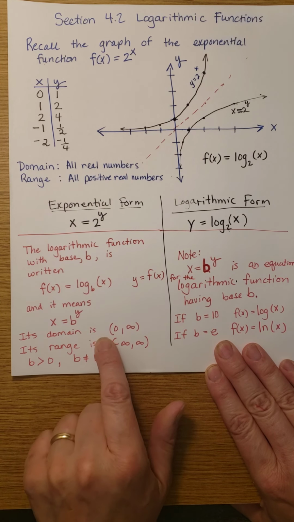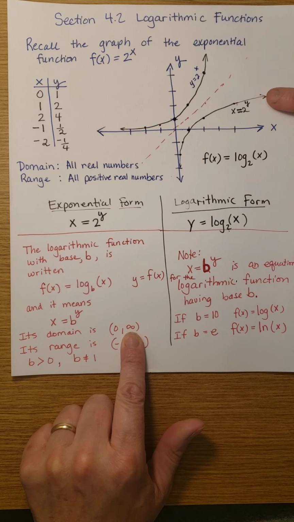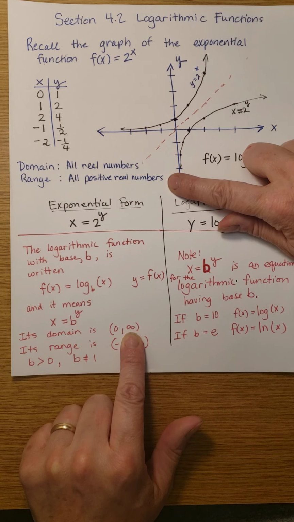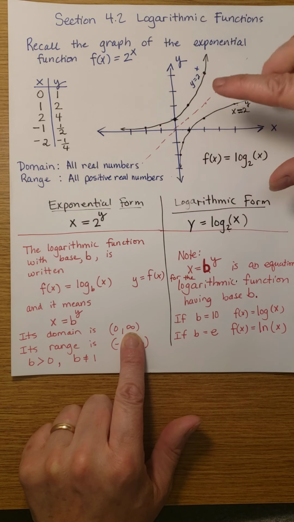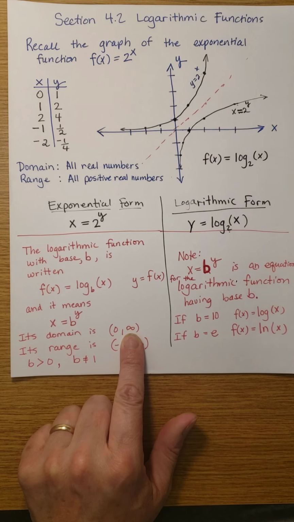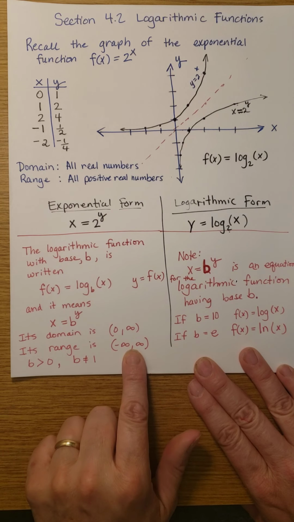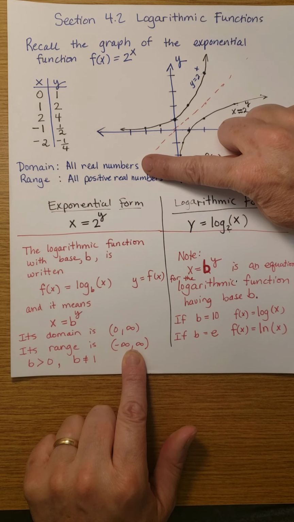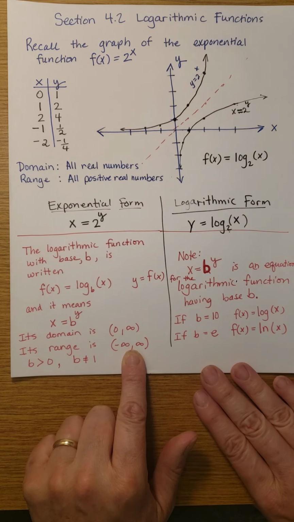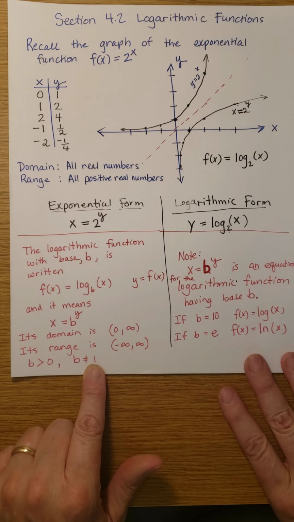Its domain is 0 to infinity, and that's because it is the inverse of the exponential function, which has range all positive real numbers. So when you have inverse functions, the domain and range switch, just like the x and y. Its range is all real numbers, just like the domain for the exponential function is all real numbers. And of course, b must be greater than 0, and b is not equal to 1.